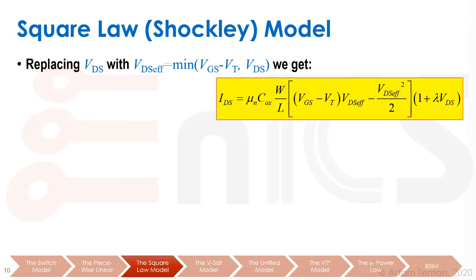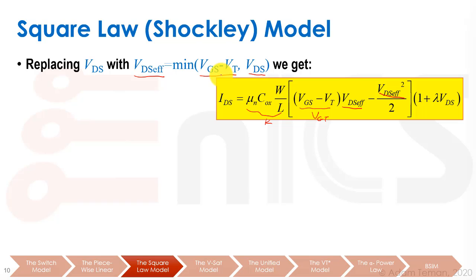So if we look at this, we can make it with a simpler expression. We take this VDS and exchange it with what we call VDS effective, which is just the minimum of VGT, VGS minus VT, and VDS. So instead of what we had before, we can take one single formula expression and show that this is K times VGT times, instead of VDS, we put VDS effective in these two places.